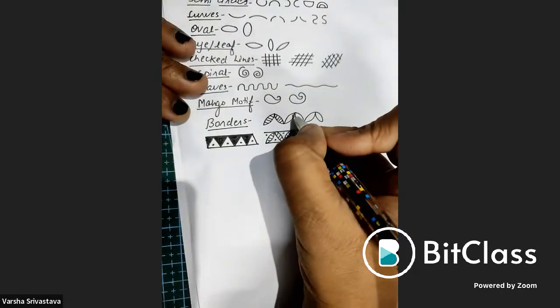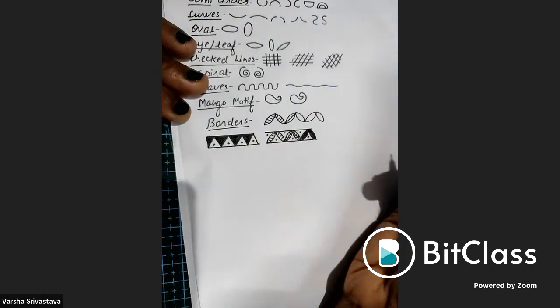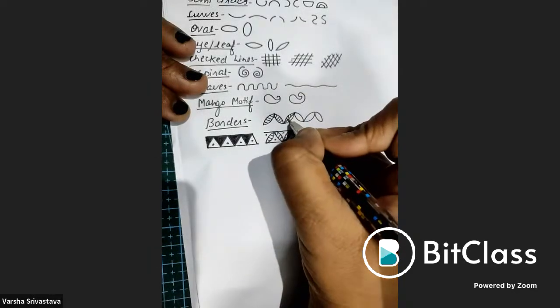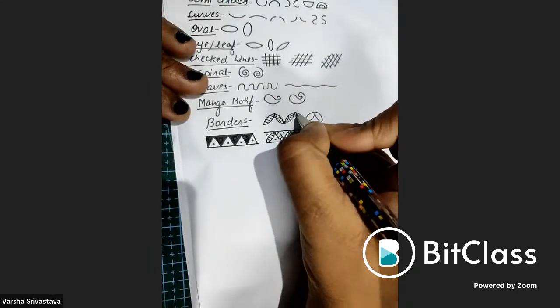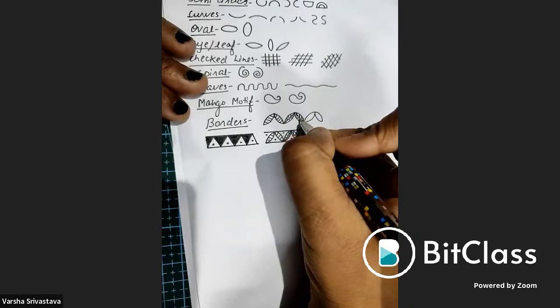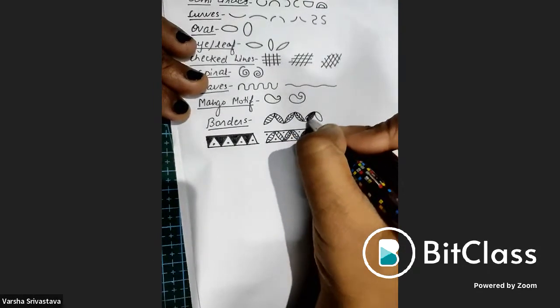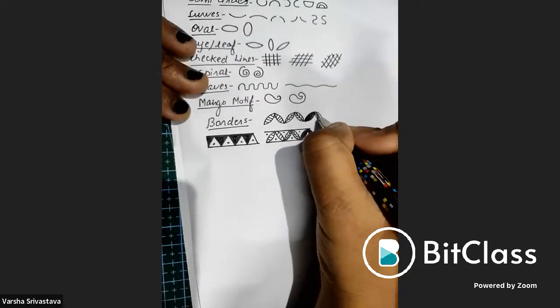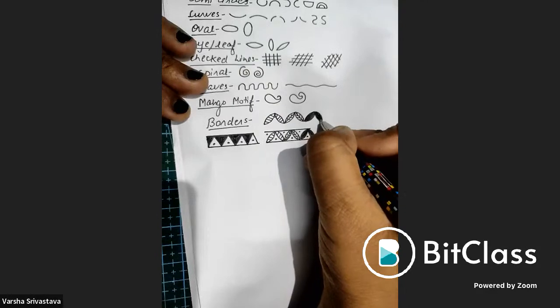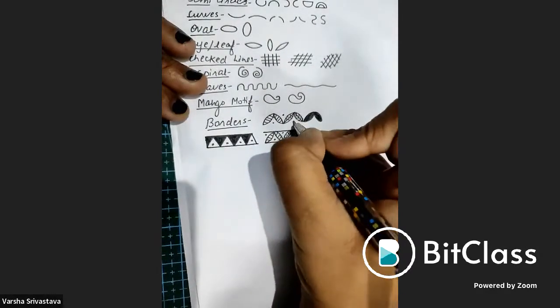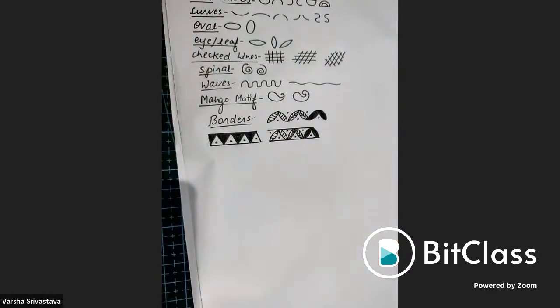In the second one, I made one center line like this, and the slant lines on both sides to make it a leafy pattern. And the third one was solid. I hope that is clear to each and every one of you. I have just kept the dots as well, on both sides. It's like this. I hope it is clear, Pranali.